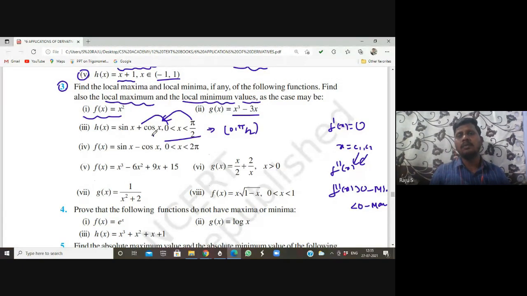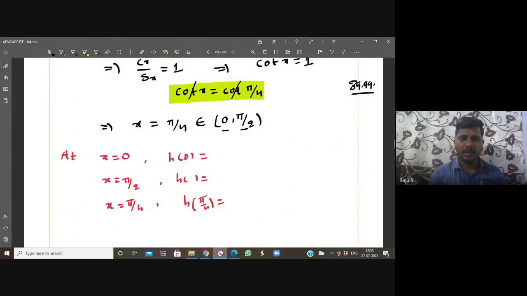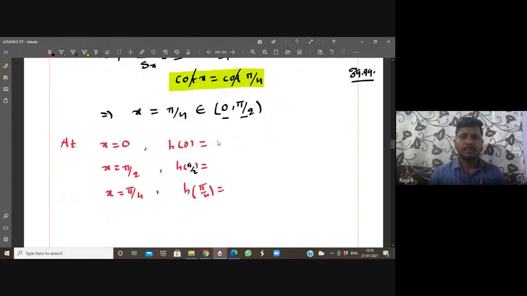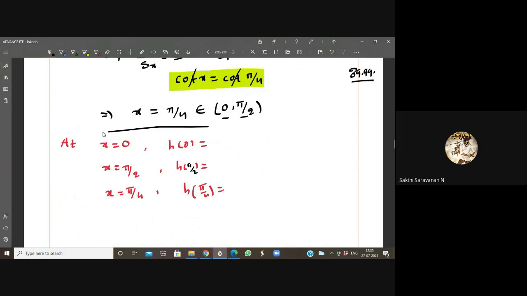So if you want to know, here we can do it in 2 ways. You can substitute directly. What about these values? h of 0, h of pi by 2, h of pi by 4. You can find these values.